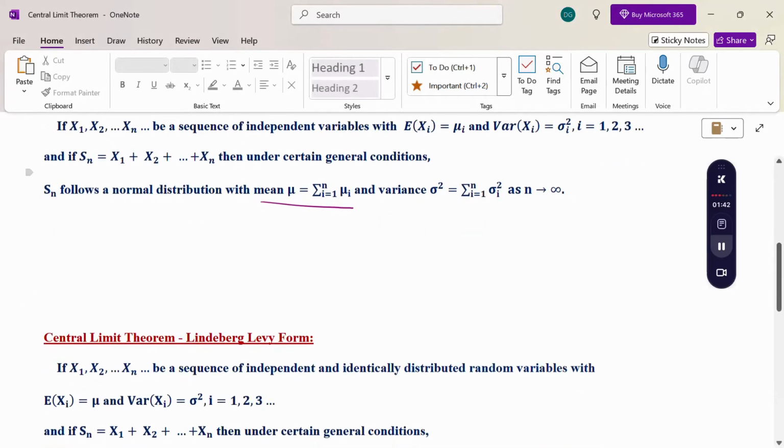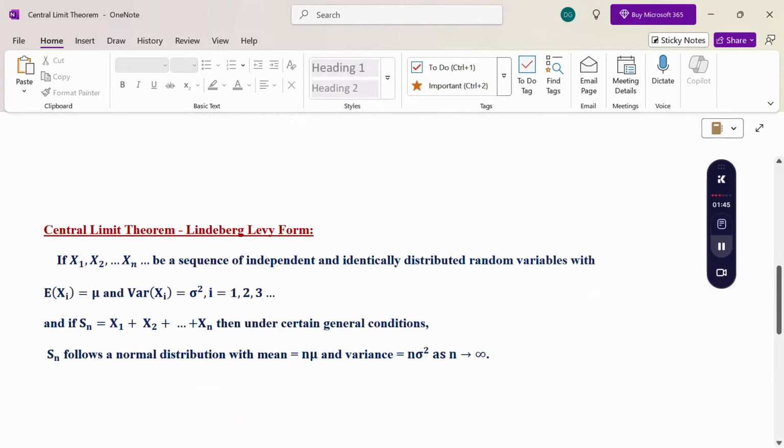Then the central limit theorem, Lindeberg-Levy form: if X1, X2, etc., Xn be a sequence of independent and identically distributed random variables with E of Xi equal to mu and variance of Xi equal to sigma square, i equal to 1, 2, 3 to infinity, and if Sn equals X1 plus X2 plus etc. plus Xn, then under certain general conditions Sn follows a normal distribution with mean n mu and variance n sigma square as n tends to infinity.